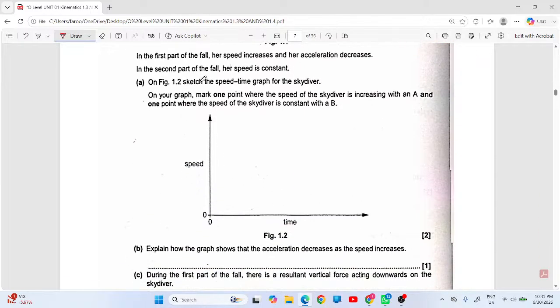On figure 1.2, sketch the speed time graph for the skydiver. On your graph, mark one point where the speed of the skydiver is increasing with an A, okay, and one point where the speed of skydiver is constant with a B.